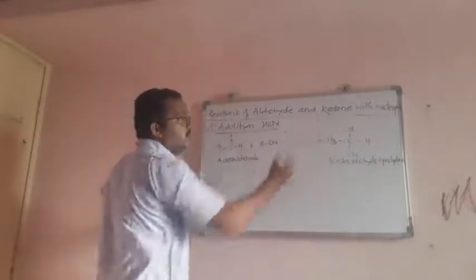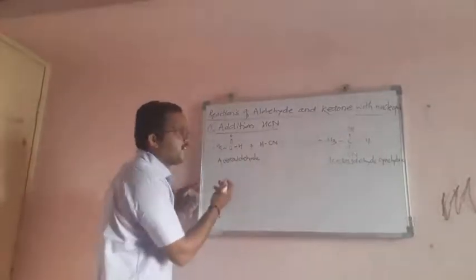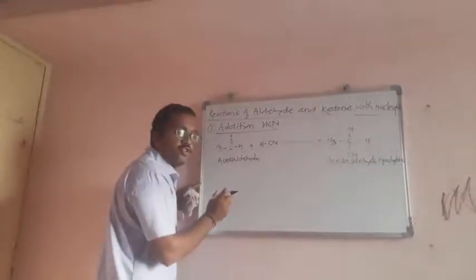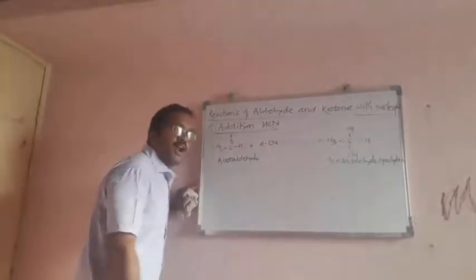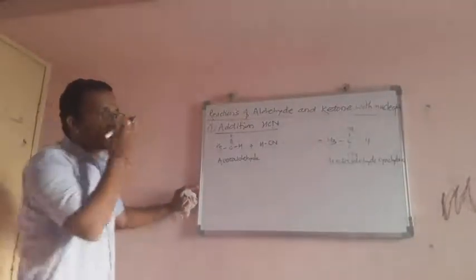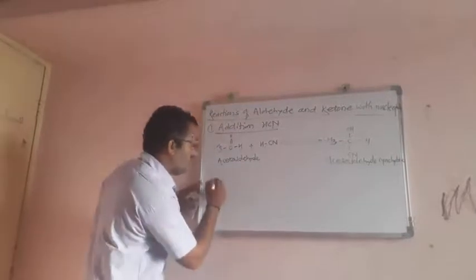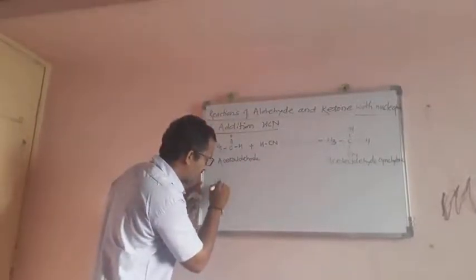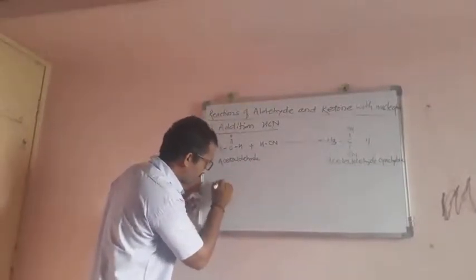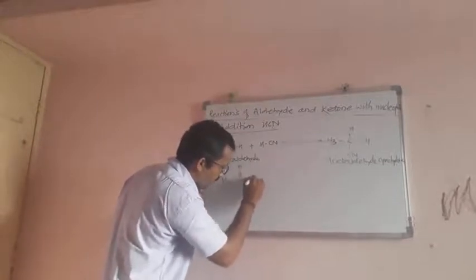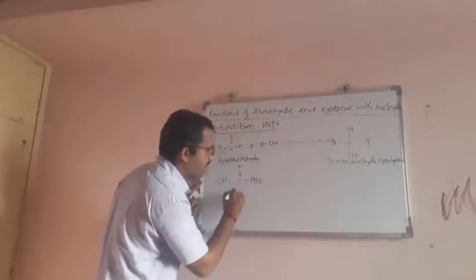Another example: instead of acetaldehyde we take a ketone, and the example of the ketone is acetone. When acetone is reacted with hydrogen cyanide, it gives the corresponding acetone cyanohydrin. The reaction is CH3 C double bond O CH3, this is acetone.